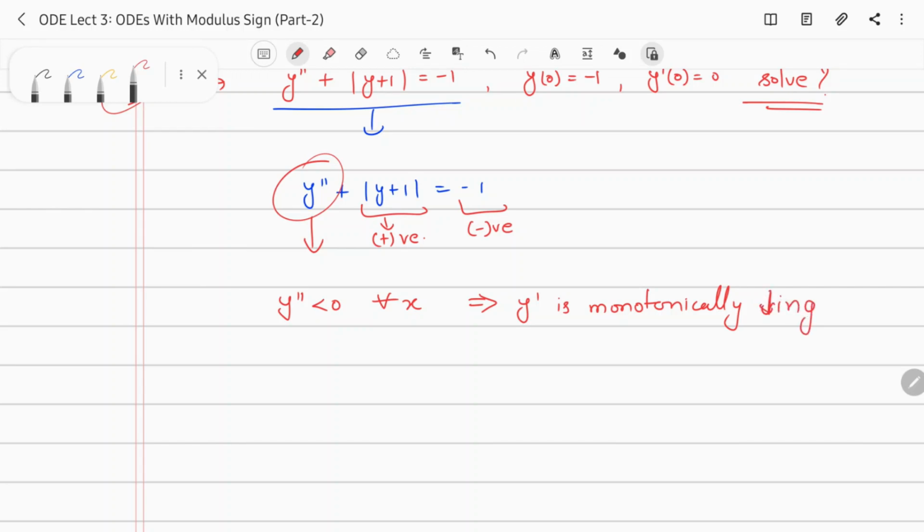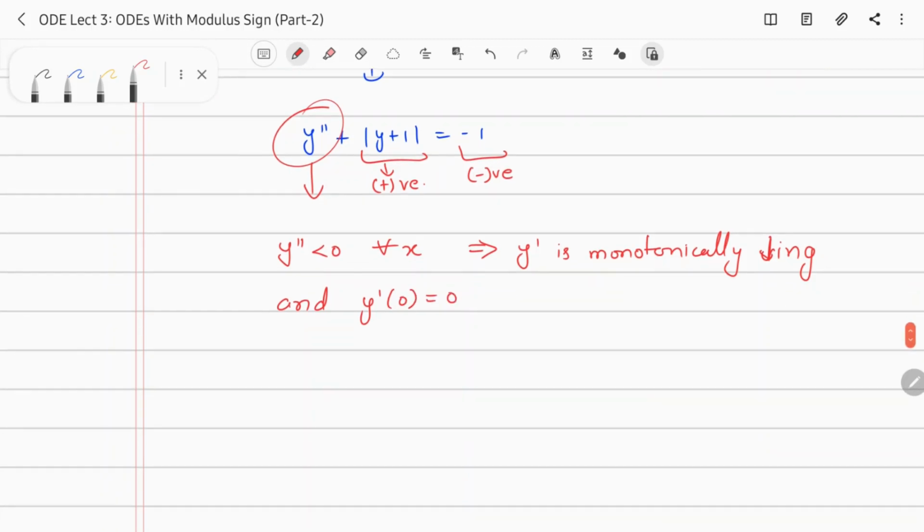And the initial condition y'(0) = 0 is also given. So if we take x less than 0, in that case y' will be greater than 0, because y' is monotonically decreasing.